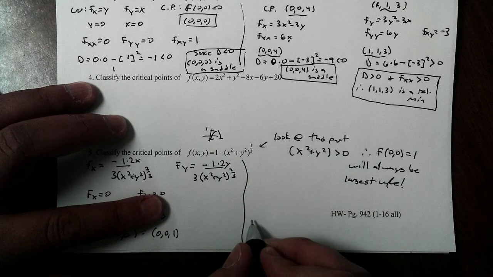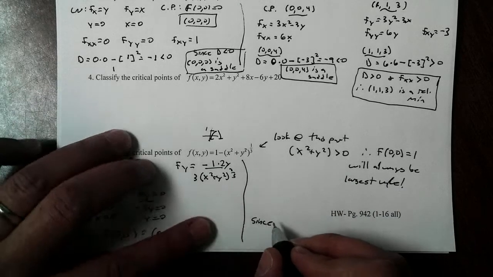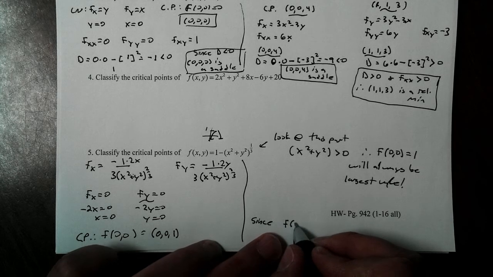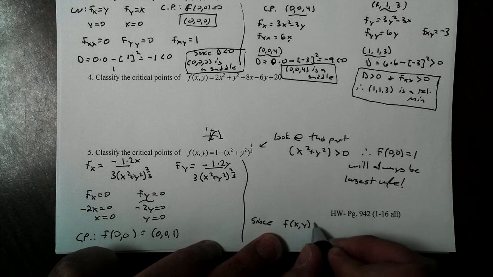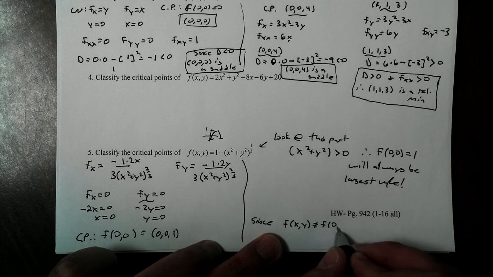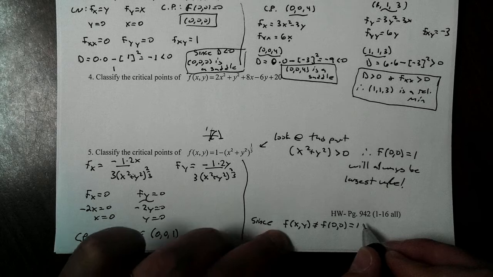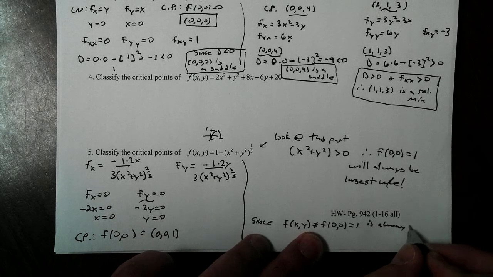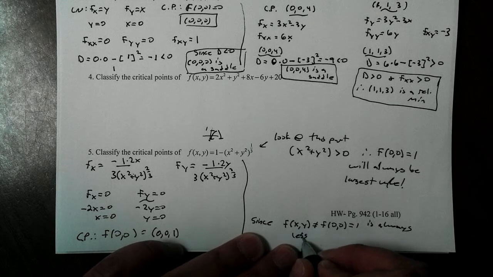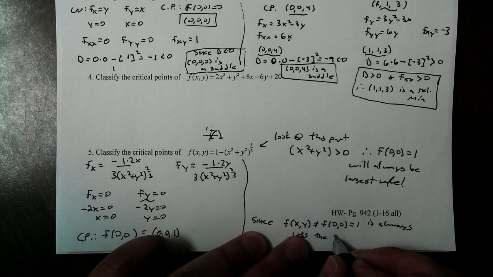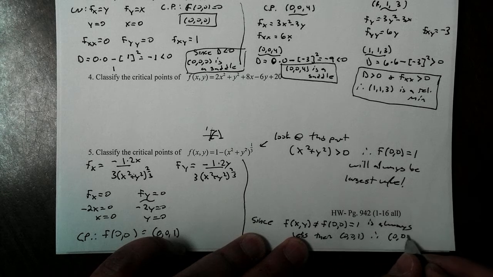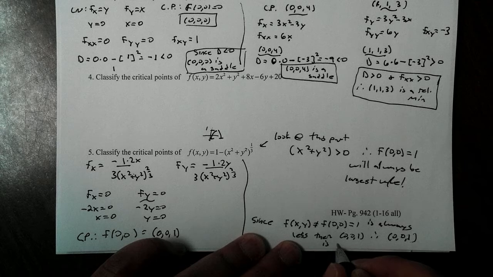So we can now say, since any point (x, y) that does not equal (0, 0) has a value less than 1, which is the value at (0, 0), therefore our point (0, 0, 1) is a relative maximum value.